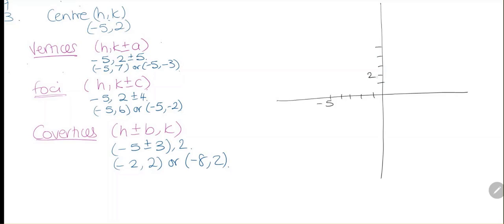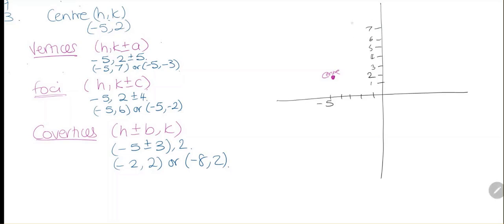So our center is going to be at minus 5, 2. So our vertices, so we have minus 5, 7. So 1, 2, 3, 4, 5, 6, 7. So we've got minus 5, 7.